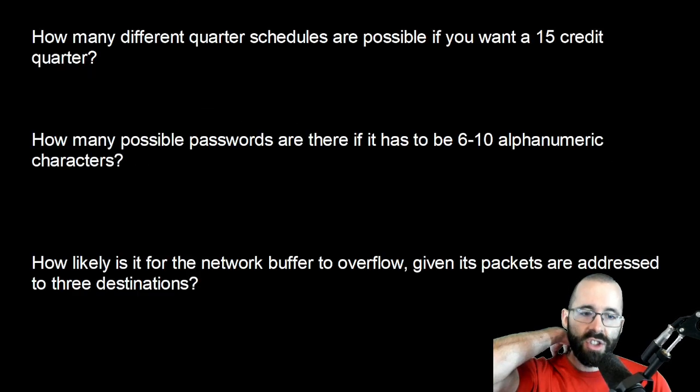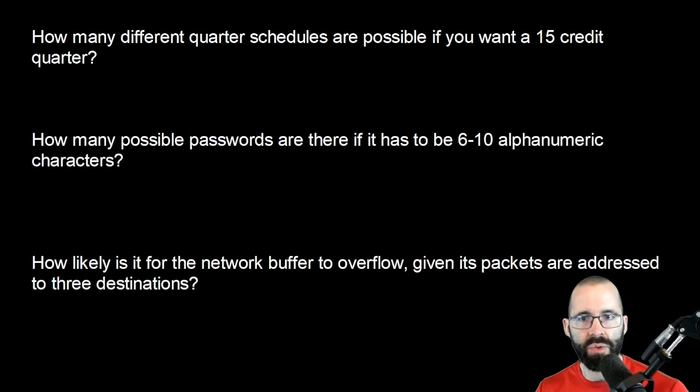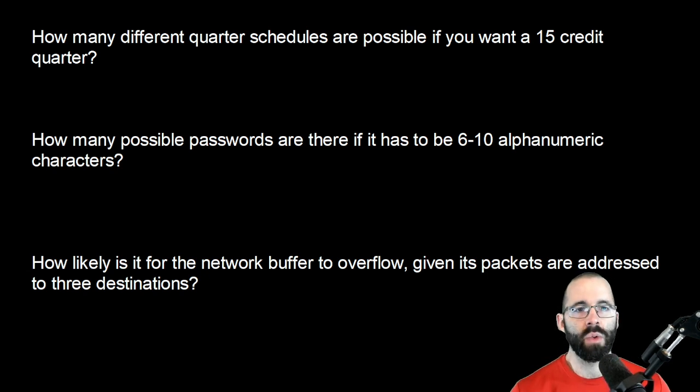So some of the questions, we're not going to answer these now, but some of the questions that combinatorics really addresses are these ones. How many different quarter schedules would be possible if you wanted to enroll and have 15 credits? So it'd be a ton, right? There are so many different options. And we're going to talk about how we can answer that question.